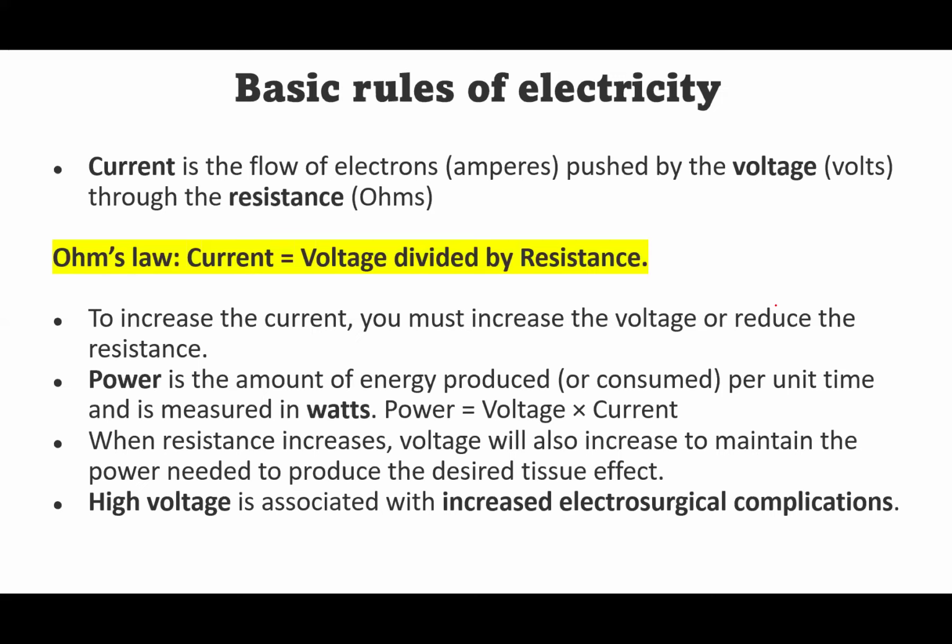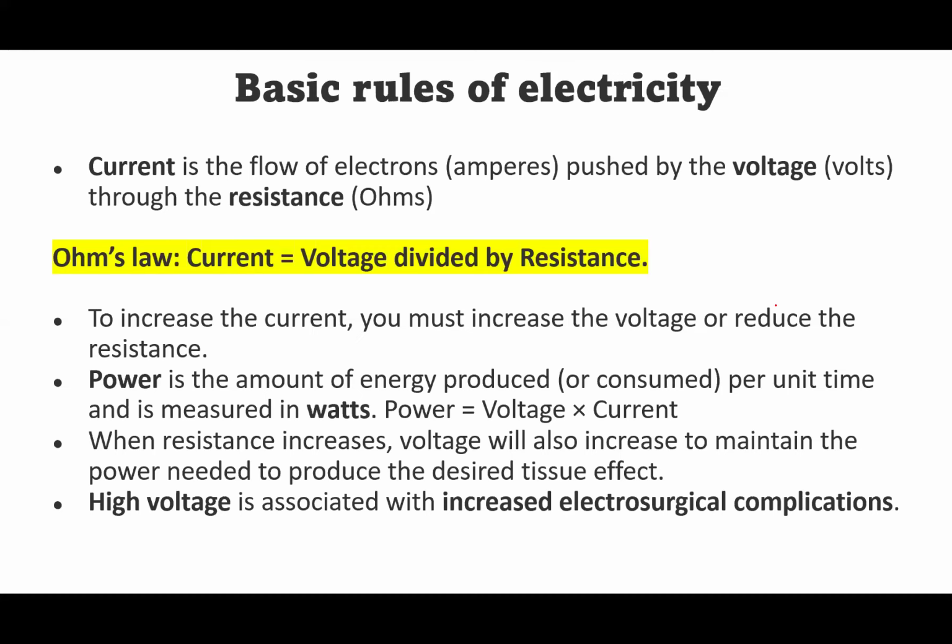Tissue that has more water content has less resistance than tissue with less water content, which has higher resistance. So these are basic principles in physics we need to understand with the use of all these energy sources, and you see how they are all applicable.